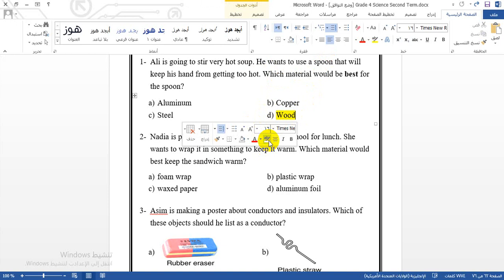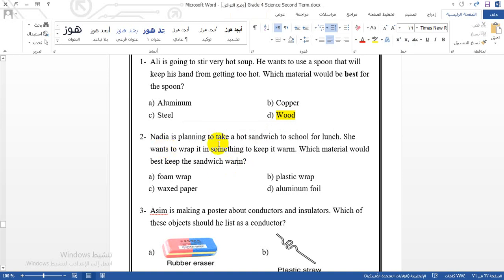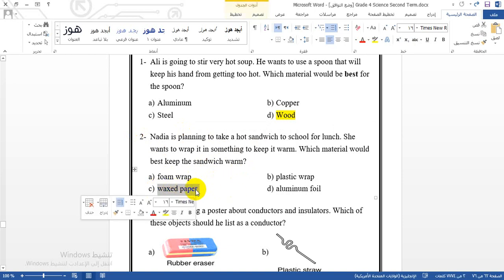Okay, the next question, question number 2. Nadia is planning to take a hot sandwich to school for lunch, so she wants to wrap the sandwich to keep it warm. Which material would best keep the sandwich warm? I think waxed paper is the best material to keep the sandwich warm, because it has two layers.